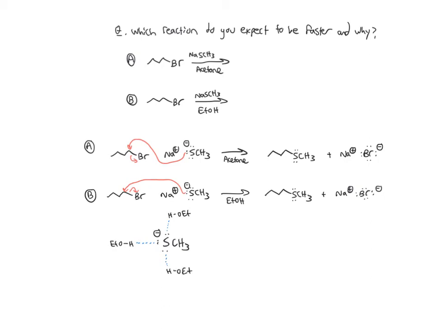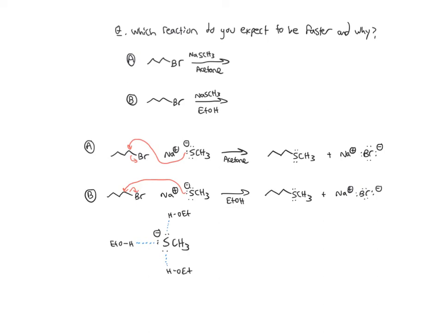And by interacting with it, basically this nucleophile is going to be surrounded with kind of like a shell of that solvent. And so now when the electrophile is coming around, the nucleophile is going to have a hard time actually getting to that electrophile because all of these solvent molecules are going to be in its way. They're basically not leaving it alone. It's just H bonding with this nucleophile.